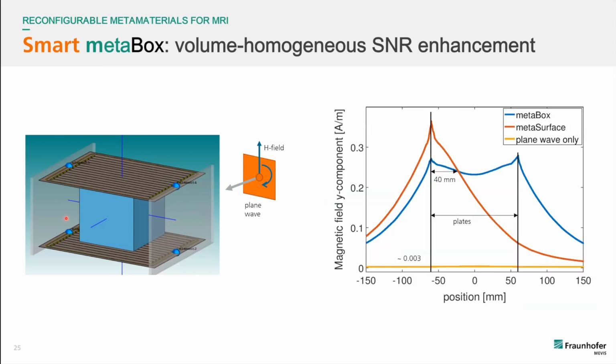You are getting a field enhancement which is not showing this exponential behavior of one plate, but just combining the field amplification of both boards and getting a rather homogeneous enhancement in this central part here.